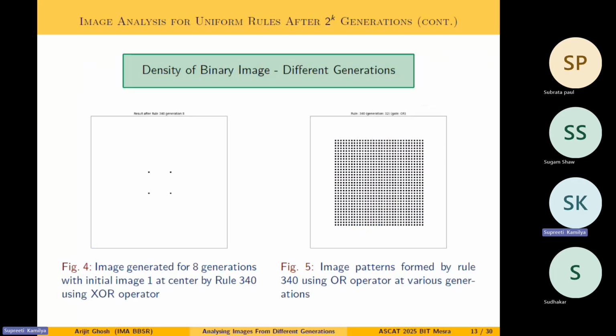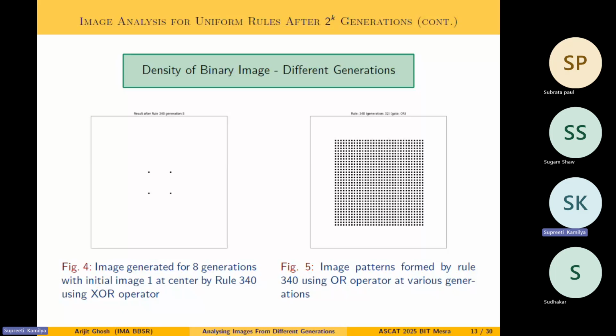What we observe here is that images are formed in this manner. At generations of 2 to the power k, multiple copies are formed. However, sometimes the multiple copies overlap onto one single pixel, due to which we get these types of images.